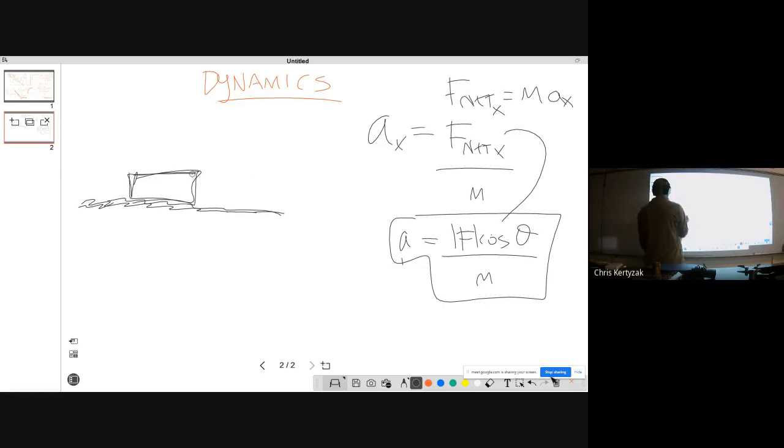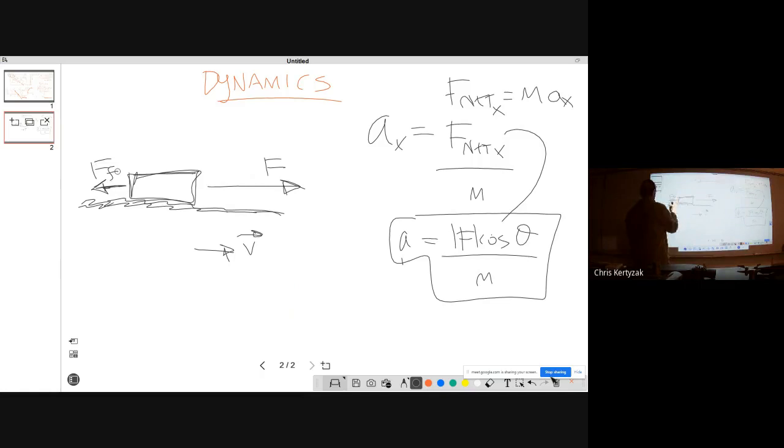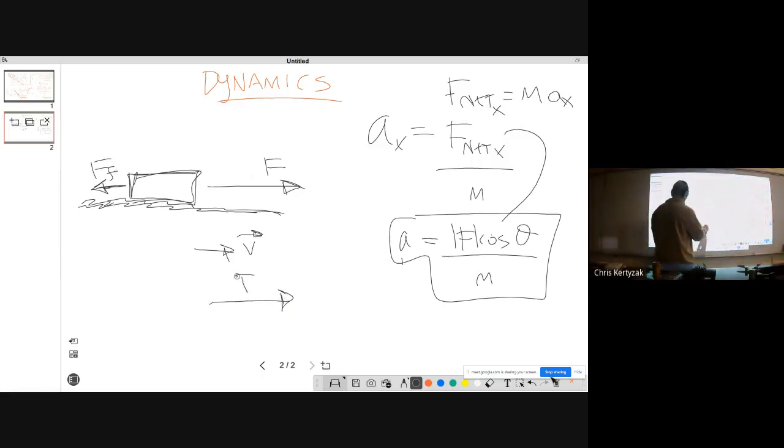Here's our box. If we're pulling it, let's say, to the left with a certain force, and it actually moves in that direction, then that tells us there's got to be some amount of frictional force in the opposite direction. And the net force would be the difference between those two. This is vector addition, F minus Ff at the tail, equals F net.